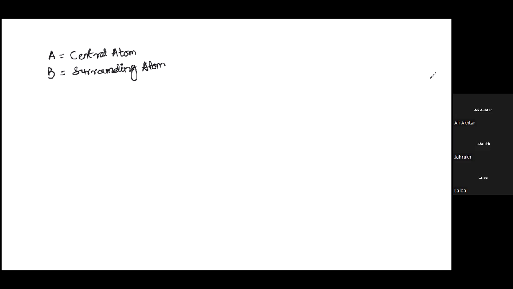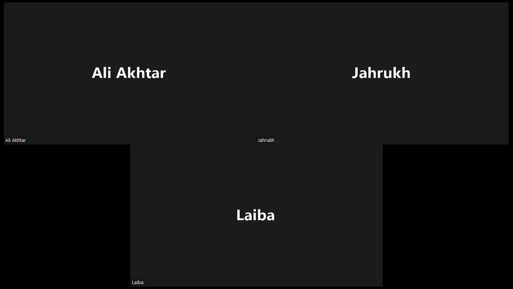Sir, I can see the previous page. Okay, let me restart it. I guess we were having the same problem last time. I guess now you can see this page, right?